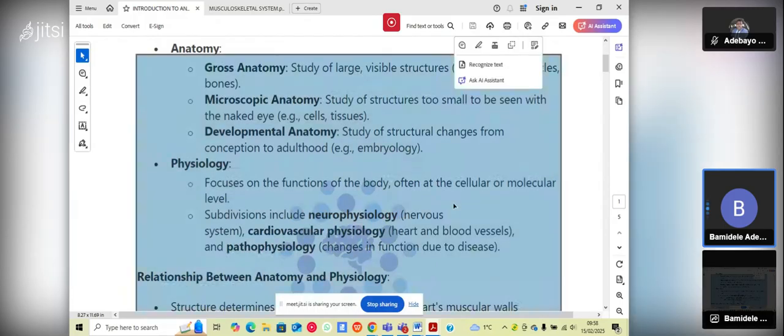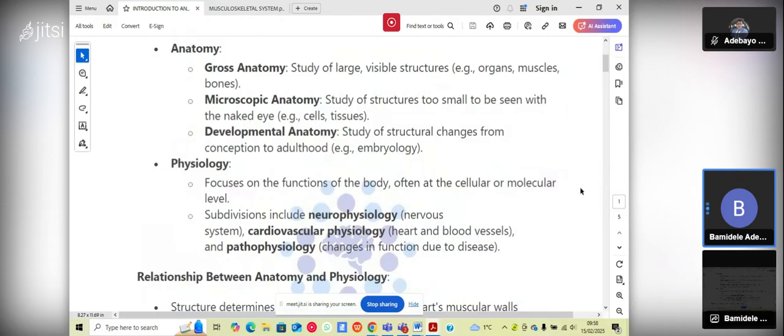The cardiovascular physiology that deals with the heart and blood vessels. And then we have what we know as pathophysiology. That is the changes due to illnesses or disease. Those are the unwanted, unexpected changes that occur due to diseases generally. So that is what they call pathophysiology.